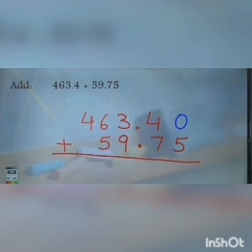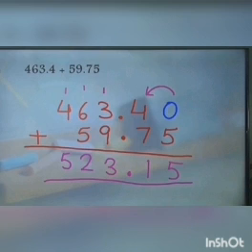The first step is to change them into like decimals. Now this has just one place after the decimal point and this has two places after the decimal point. So I add another 0 here to make them like decimals. Now starting with the rightmost place, which is the hundredths place, I add this.